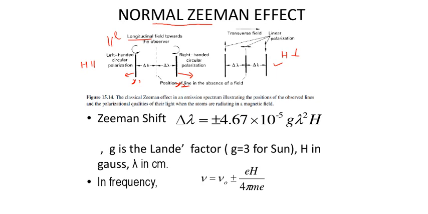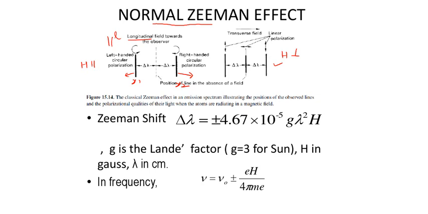Now you can see that in the parallel case, when the magnetic field is parallel to the light, the component lines are polarized. Both are circularly polarized. The left line with frequency nu1 is circularly polarized, and the right line is also circularly polarized.